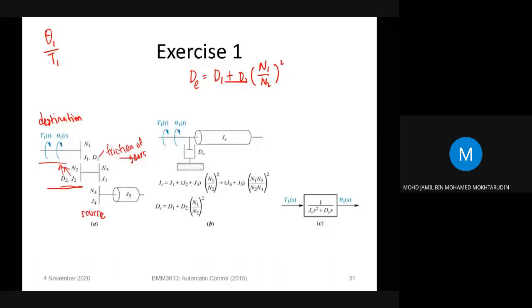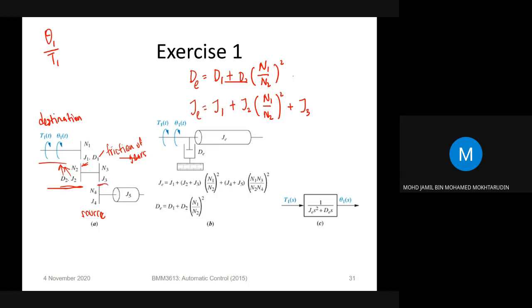Okay, now let's look at the J equivalent. So J equivalent equals J1 because J1 is already on the destination, plus J2. So J2 multiplied with N1 over N2 squared, plus J3. So J3 is here.